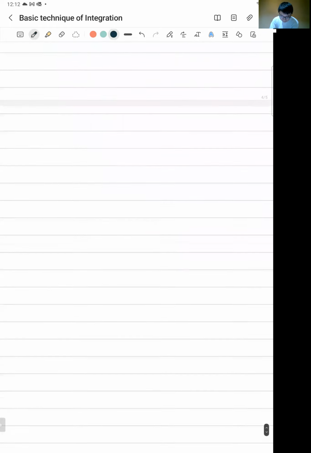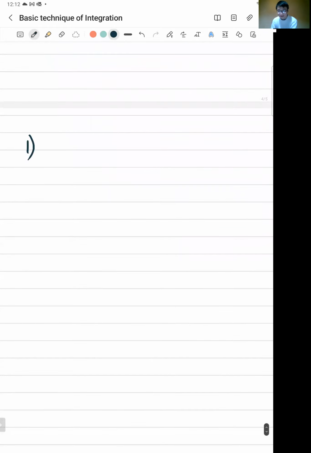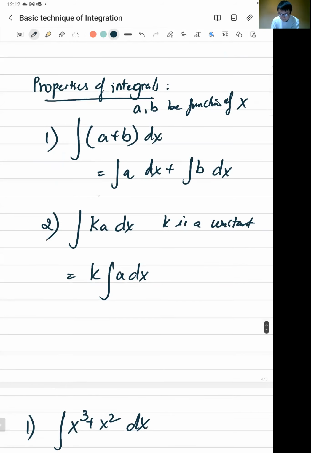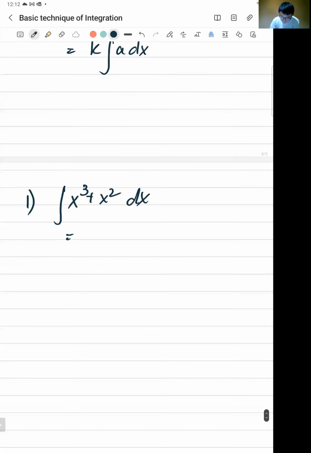So let's bring some problems so that we can apply these properties. If I ask you to integrate x to the power of 3 plus x to the power of 2 dx, of course we cannot integrate them together, so we have to separate them using the first property. So integral of x to the power of 3 dx plus integral of x squared dx.